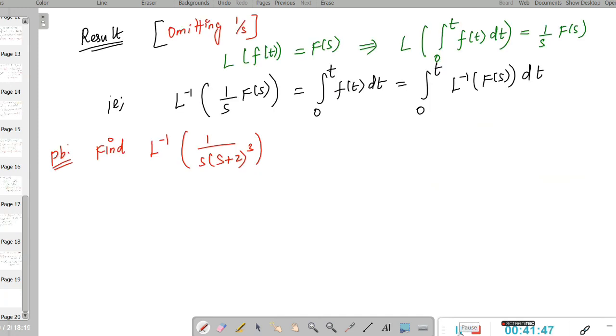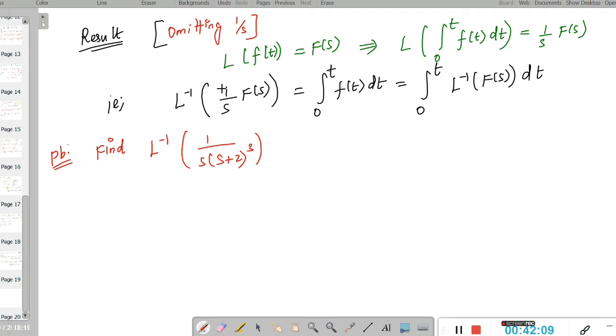Result. If L of f of t equal to F of s, then L of integral over 0 to t f of t dt equal to 1 by s into F of s. If you shift this L to the right hand side, you may get this result.